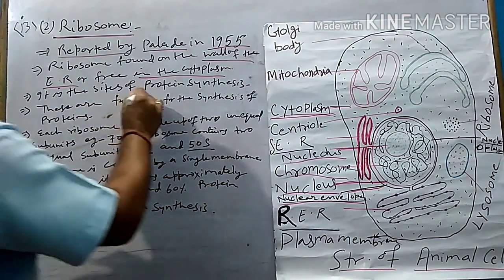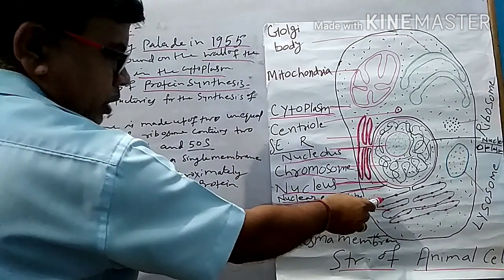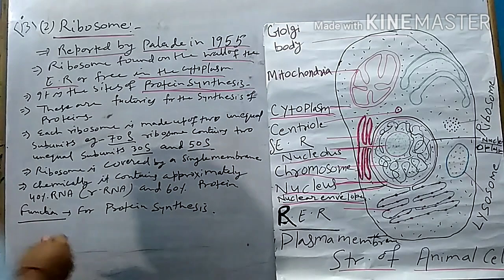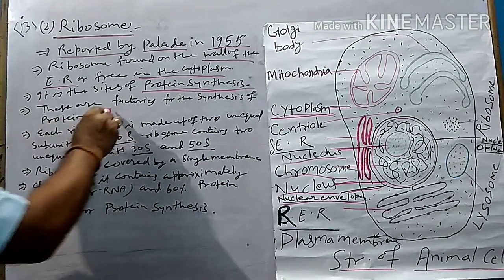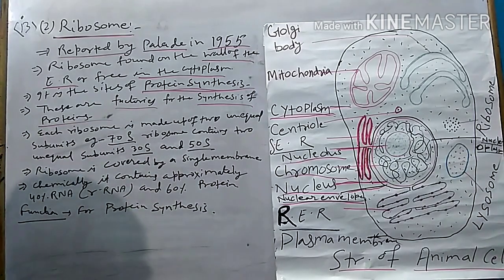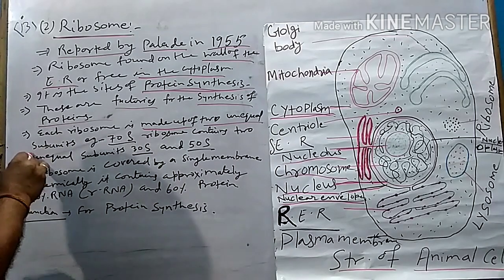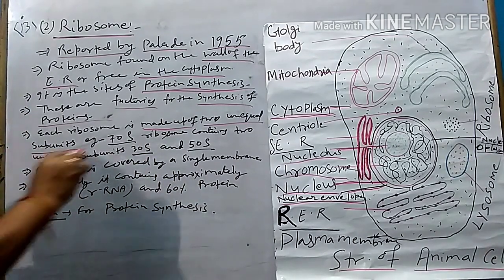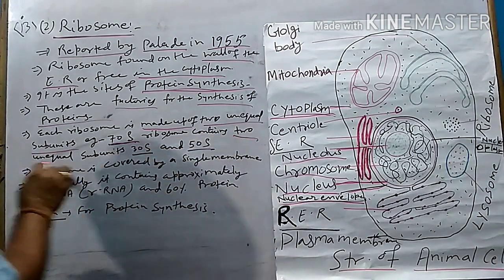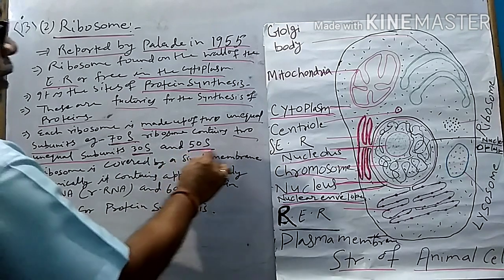It is the site of protein synthesis, because ribosomes act for the purpose of protein synthesis. These are factories for the synthesis of proteins. Each ribosome is made up of two unequal subunits. For example, a 70S ribosome contains two unequal subunits, that is 30S and 50S.